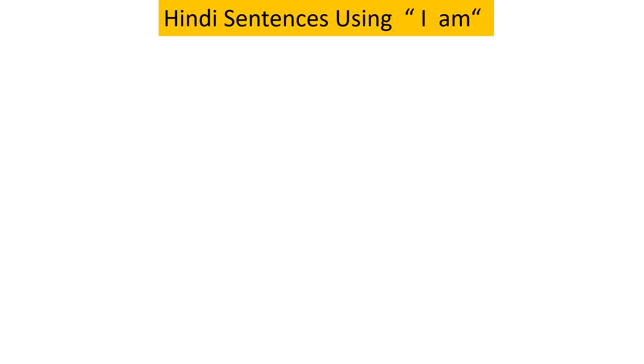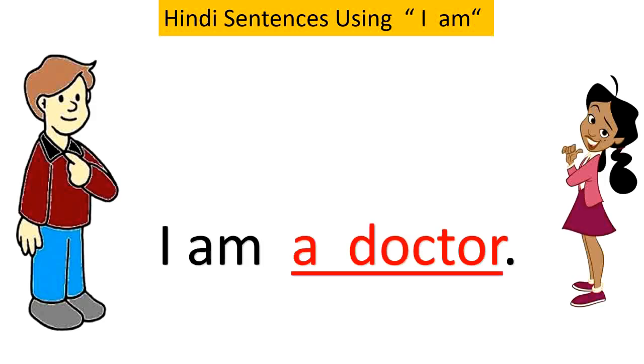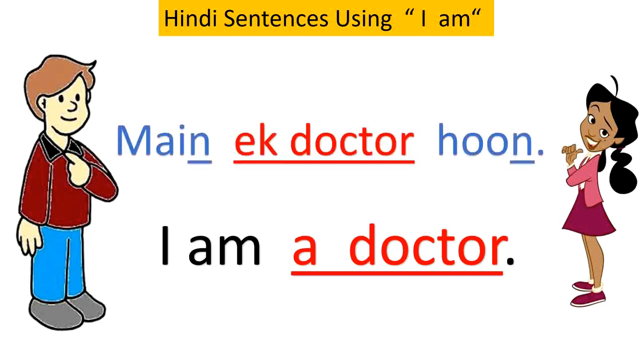Next sentence is I am a doctor. In Hindi, a doctor is एक doctor. एक doctor will go in between मैं and हूँ. So Hindi sentence will be मैं एक doctor हूँ.